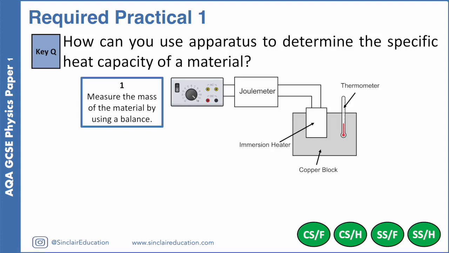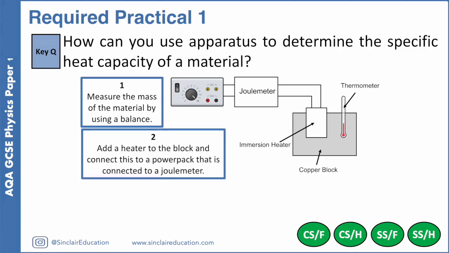If this is a fluid, to find its mass you'd add the empty beaker onto the balance, zero it, and then add your fluid. Be prepared, as that might be a way the examiner makes this a bit more tricky. But really, if we want to know specific heat capacity, we need to know the mass of that material, critically using a balance to do this.